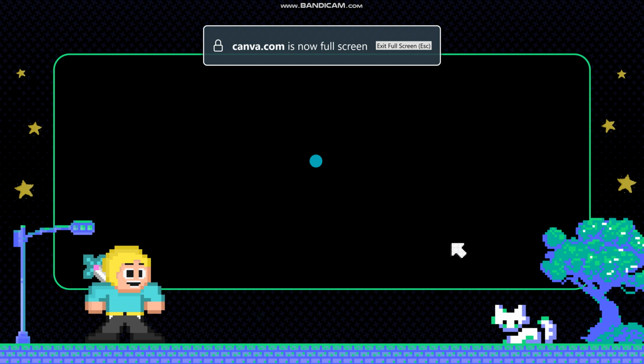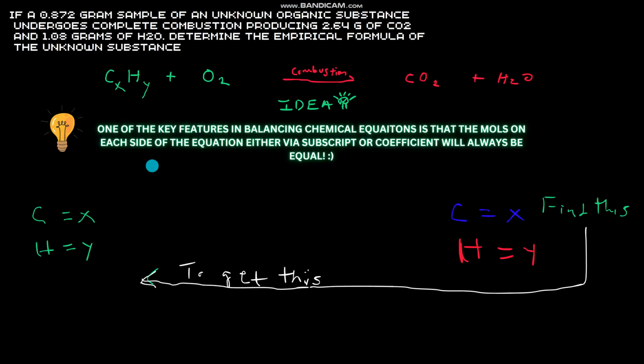So, one of the key features in balancing chemical equations is that the moles on each side of the equation, either via subscript or coefficient, will always be equal. Whether it's balanced or not, you're under the assumption that you have balanced it, because at the end of the day, if you multiply a coefficient and a subscript and get X amount of carbon, then doing the same thing on the other side will give you the same amount of carbon.